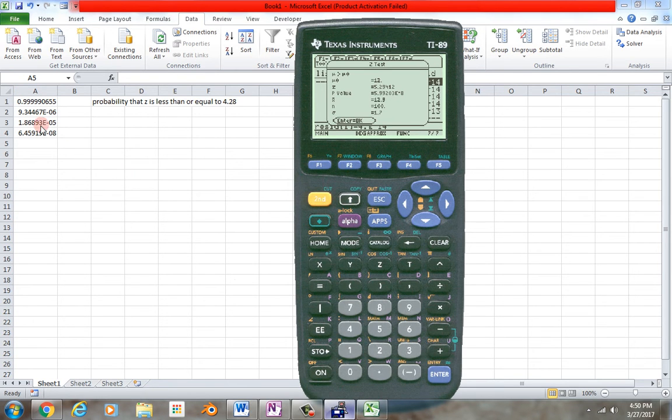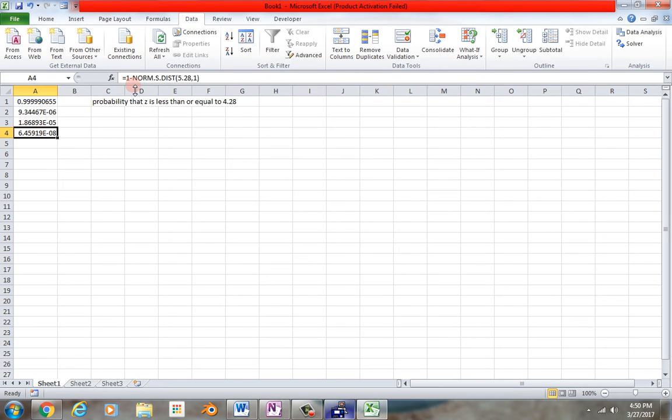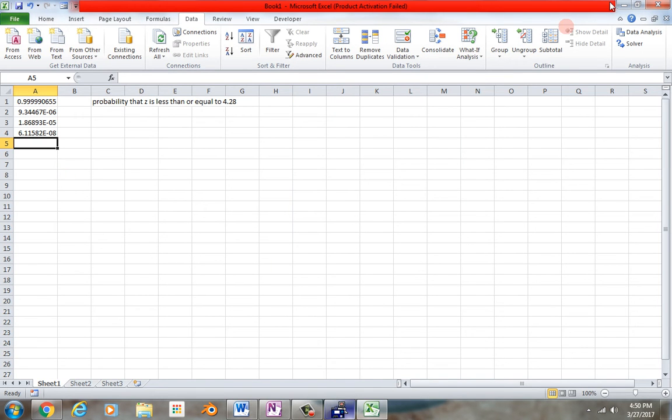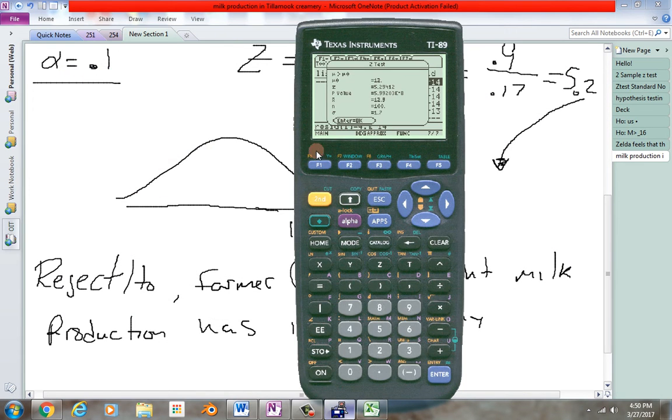Oh, did I put 5? I think I put 4. I think I put 5.28. I think it was 5.29, huh? There we go. That's closer. I rounded it off. Go look at the actual z-score. They use 5.29412. So if you use all of that, this number and this number here will match exactly. Okay? It's a different way of doing it. I don't care what you use, whatever you're comfortable with.